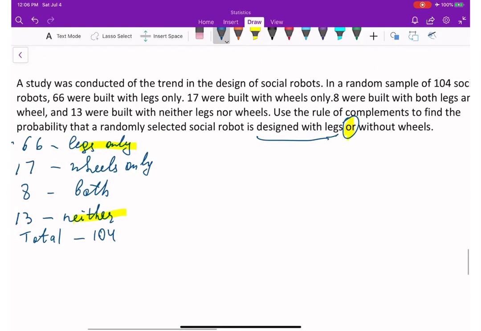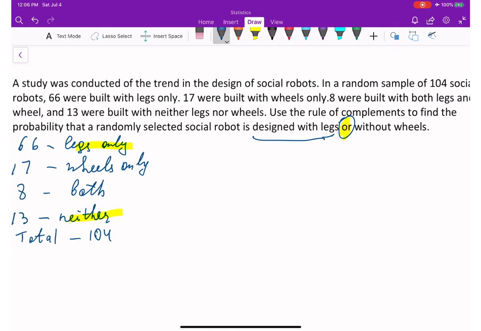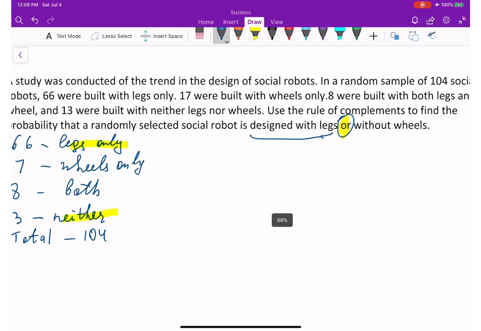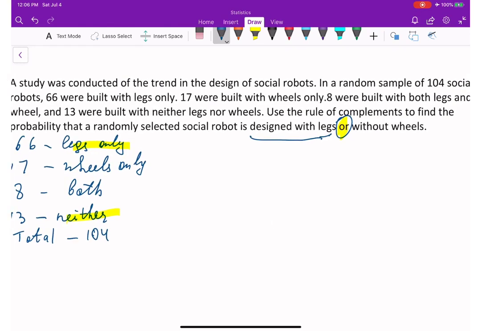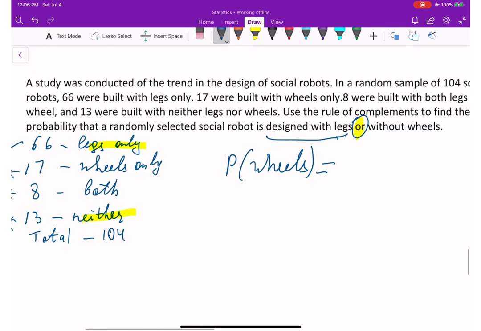To find the probability that a randomly selected robot is designed with legs or without legs, the easiest way would be to find the probability with wheels. That will be 17 over 104, which is 0.163.